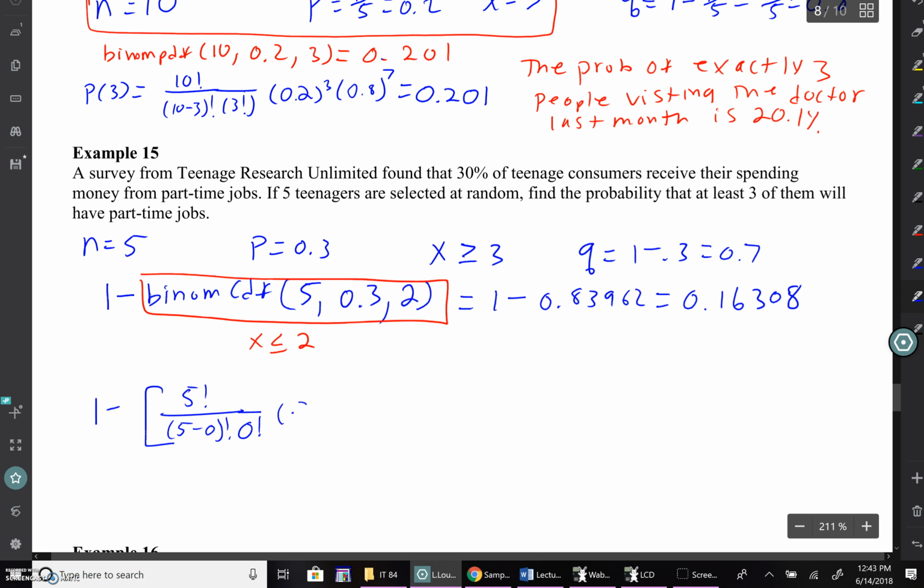And then you would do your 0.3 raised to the 0 and 0.7 raised to the 5. That's just the first option. Then we've got 5 factorial over 5 minus 1 factorial and times 1 factorial. Then we'll do 0.3 to the first power.